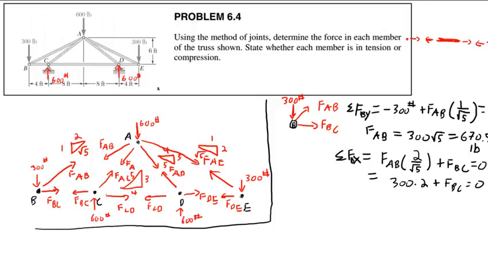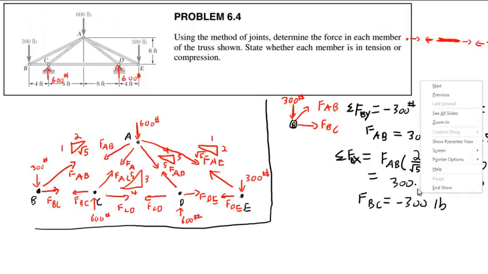Top chords are usually in compression and bottom chords are usually in tension, but that's usually with loads up here and your supports on the outsides of your truss, not internal supports like this. So the usual rules don't necessarily apply. But anyway, FBC, therefore, is going to be equal to negative 300 pounds. Oh, sorry, negative 600 pounds, yes.